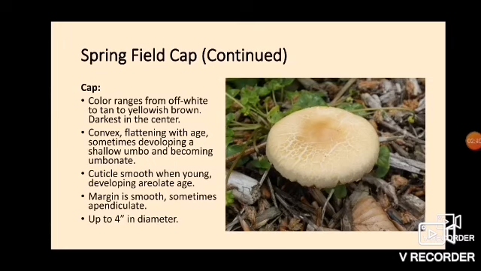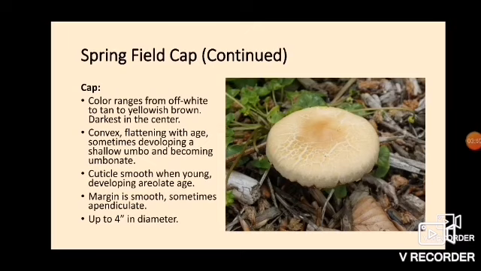The cuticle is smooth when young, but as it grows and expands and dries a bit, it cracks. It becomes areolate. And when I say areolate, you can see that happening there. It's like mud that's been left out in the sun to dry and has cracked as a result. The margin is smooth, often becoming appendiculate to begin with, and then kind of becoming smooth later on.